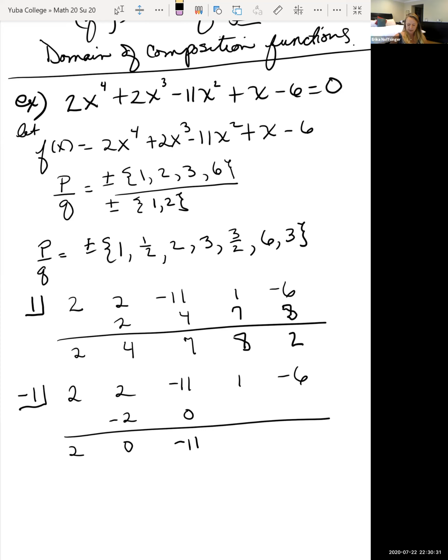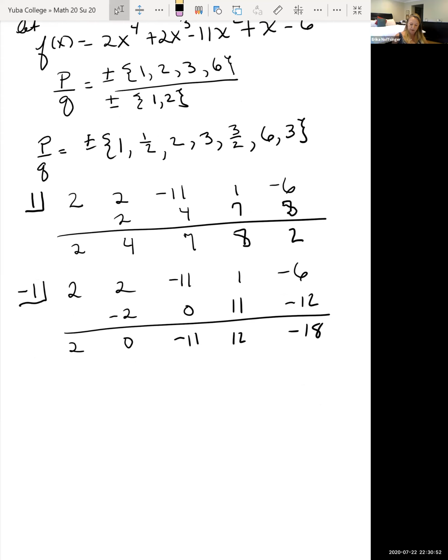Negative 1 times negative 11 is 11. 1 plus 11 is 12, and this is not going to work. That is negative 1 times 12 is negative 12. This is negative 18. Does this alternate in signs? And it doesn't on the bottom, so we're okay. Let's start again. It could be negative 1/2.